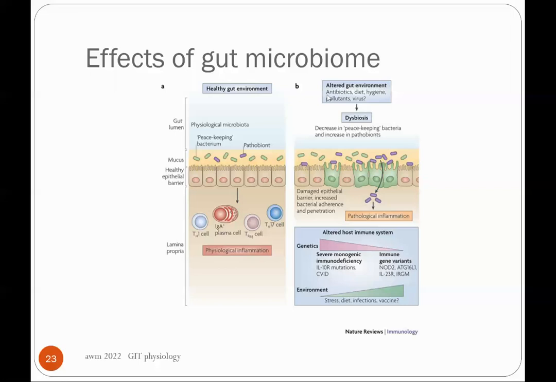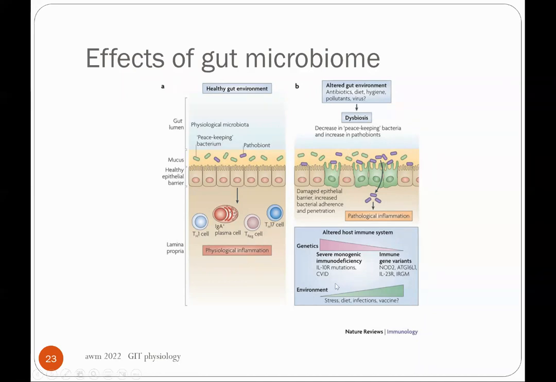But in the gut lumen, they will also have effects on the luminal gut population. So that, or even pollutants, viruses, infection, what you're going to end up with when you alter the gut environment is what is known as a dysbiosis, where you have a decrease in the peacekeeping bacteria.